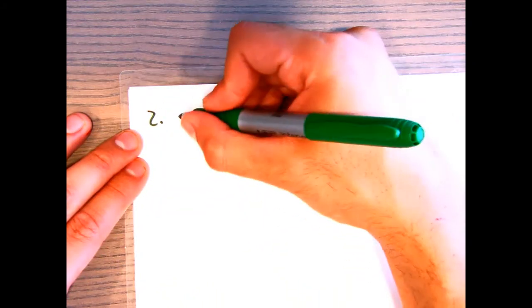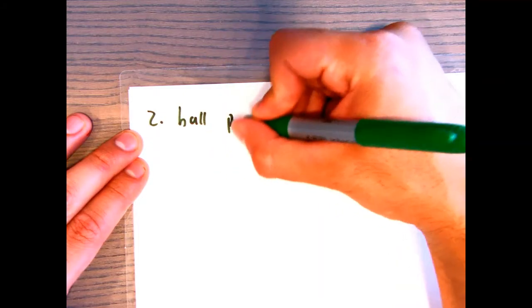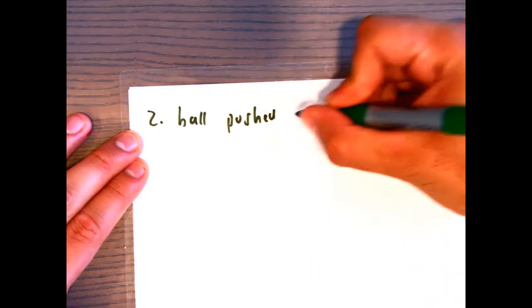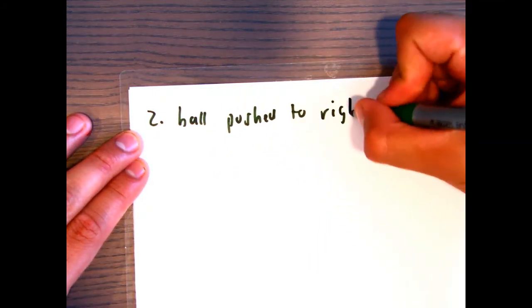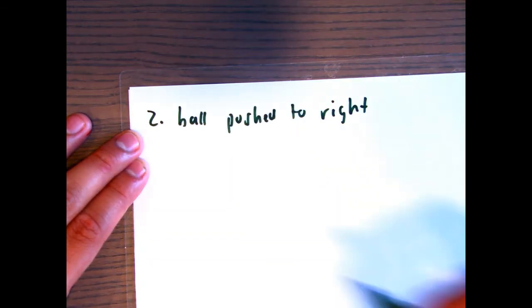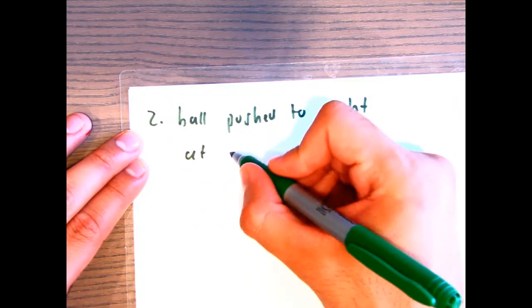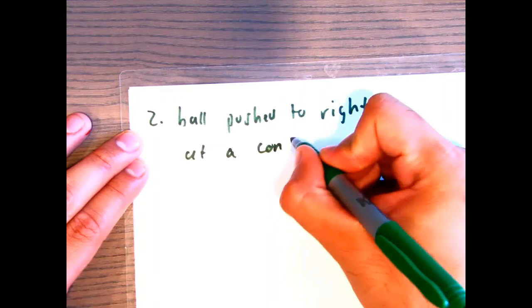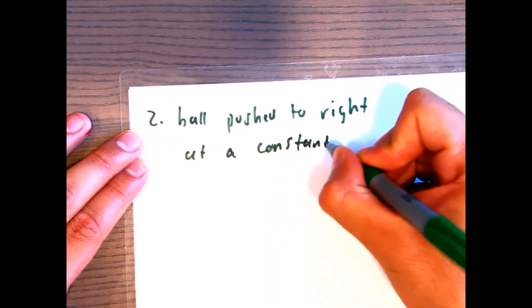So this next example that we're going to go over, let's say I have a ball, okay? This would be example 2. So a ball is pushed to the right at a constant speed.